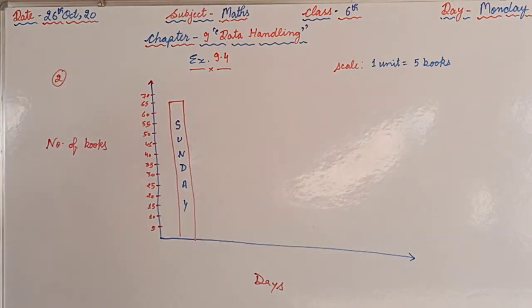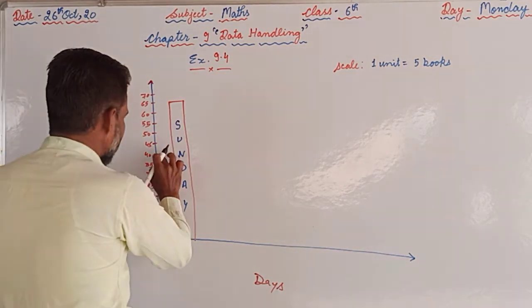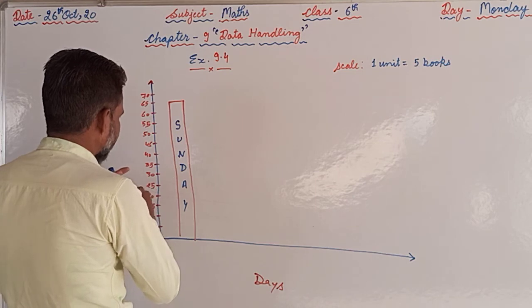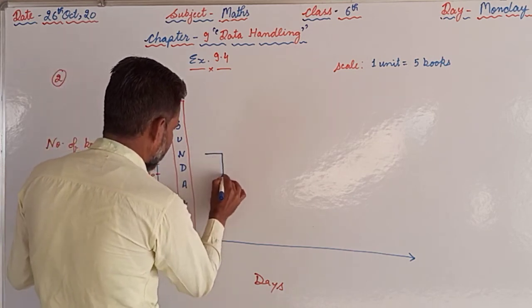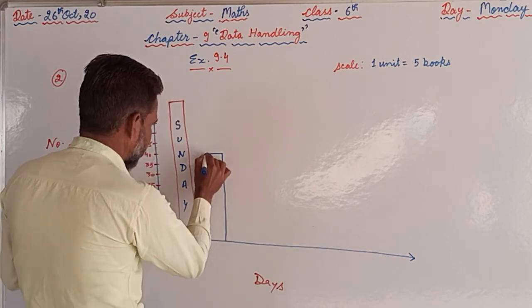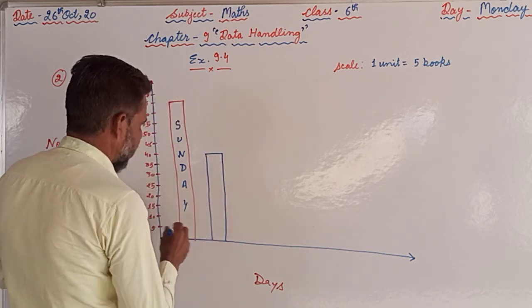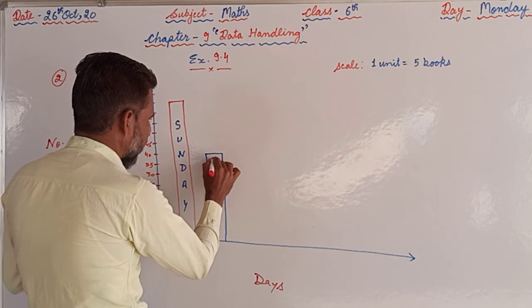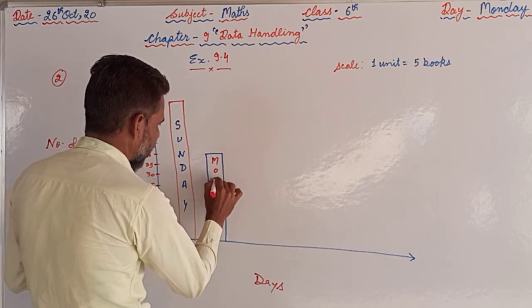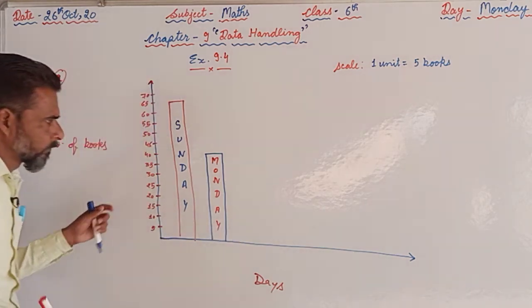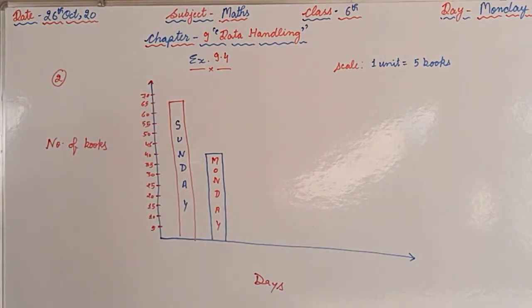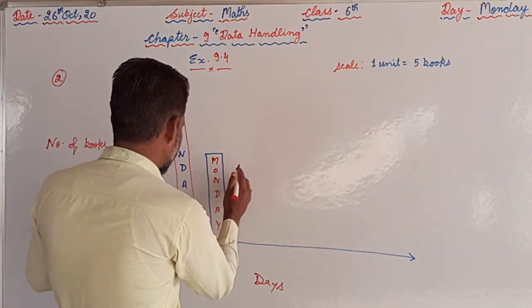Now next one is for Monday, that is 40. So 40 is here. That is on Monday. And then on Tuesday, the 30 books are there. The 30 is here.